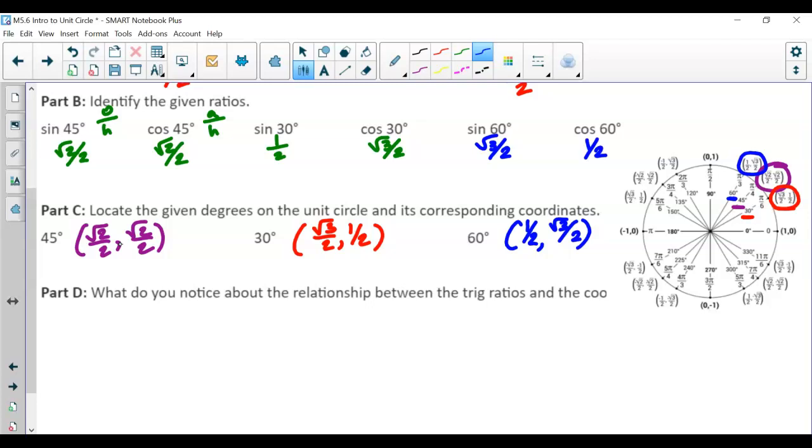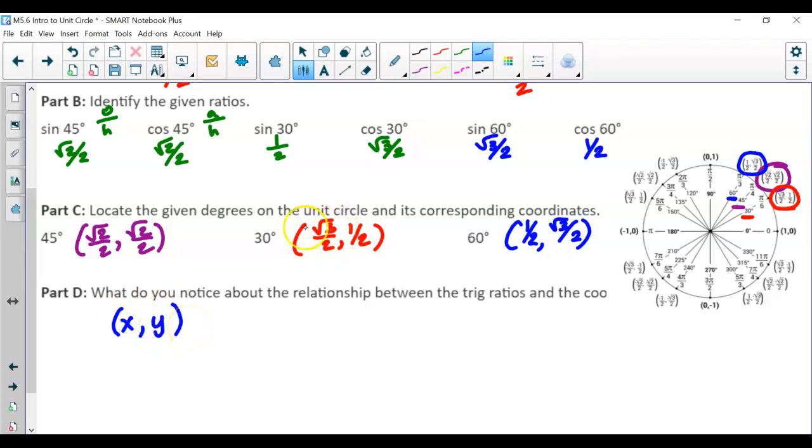And here we go. So what you should have noticed is now it's difficult to see for the 45 because everything is the same, but they match, right? What do you notice though? Now you can see with the 30, 60. What did you notice for the 30 about the X and Y coordinate?